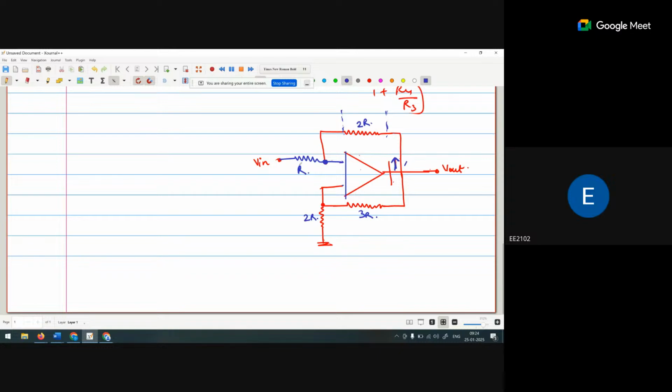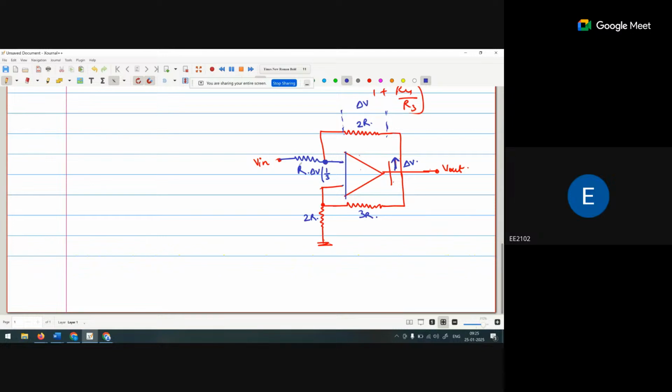Say the voltage changes by del V; the voltage increases by del V. So at this point we get del V by 3, because we apply the voltage divider biasing.